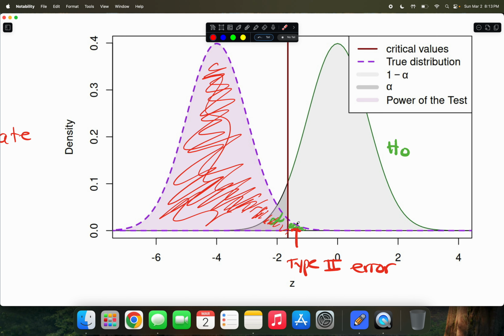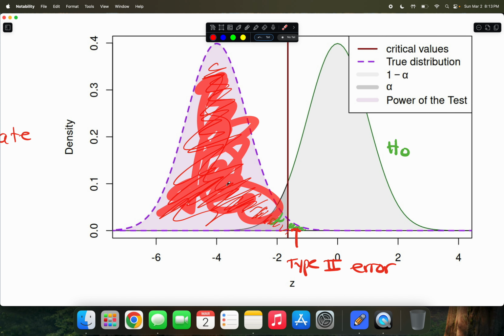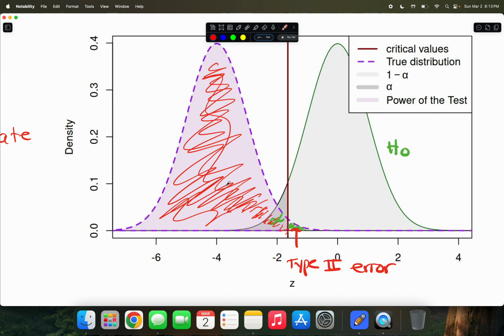This is the probability that I don't reject the null hypothesis, but in fact it's false, because this green distribution is my null hypothesis. All of this shading over here, this is all the power of the test. But again, it's impossible to calculate without knowing the true population number.